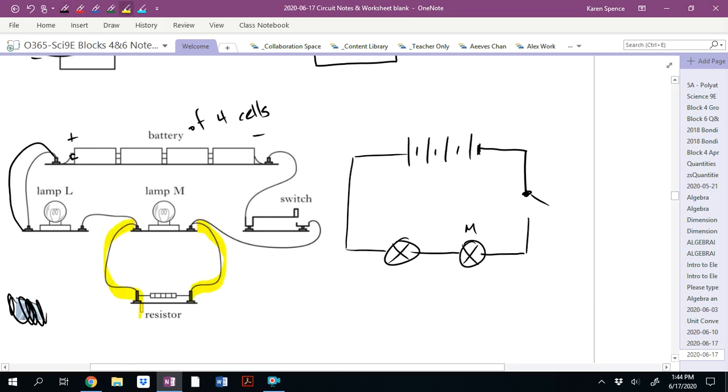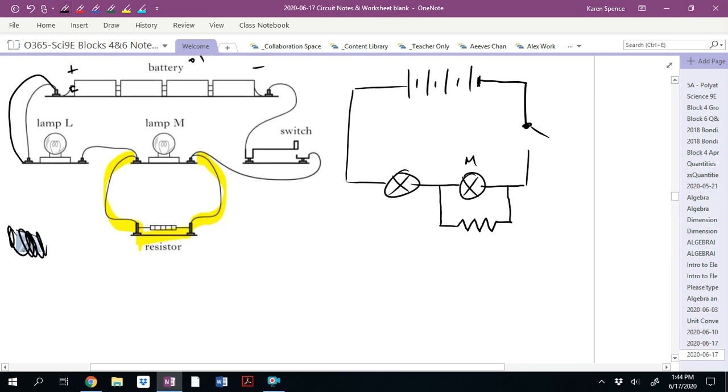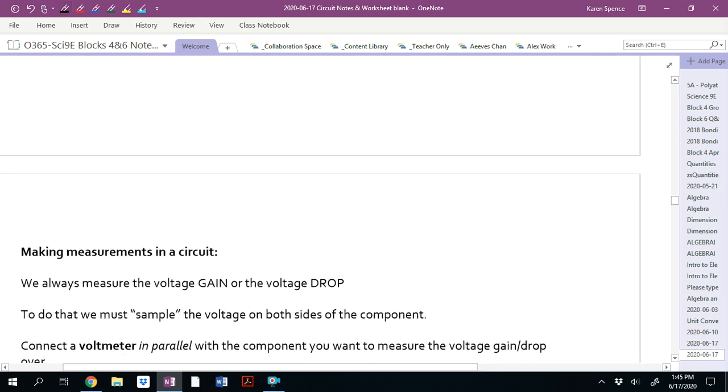Is it connected in series or is it connected in parallel? It is connected in parallel. So we're going to have a branch coming off here where we have a resistor. Boom. How pretty is that? Okay. Did I do any others?